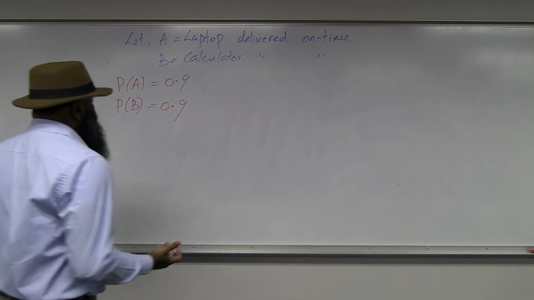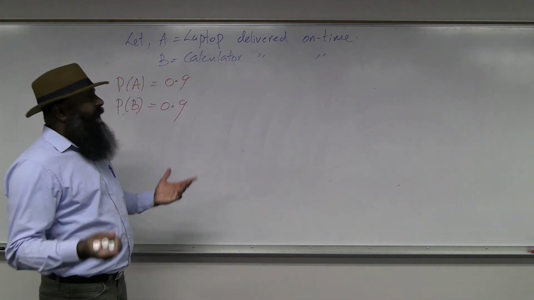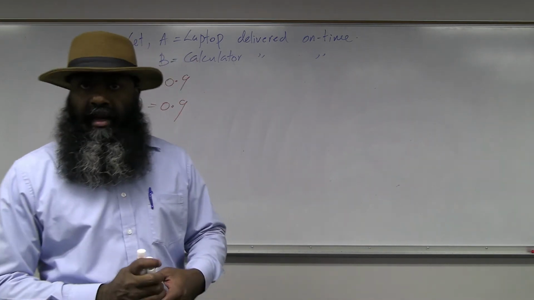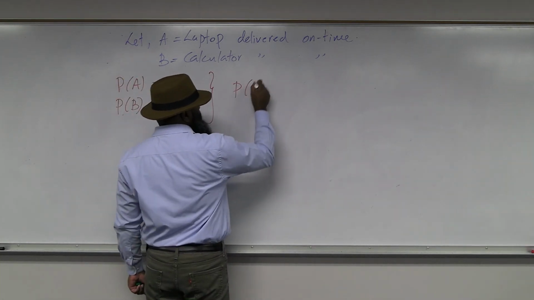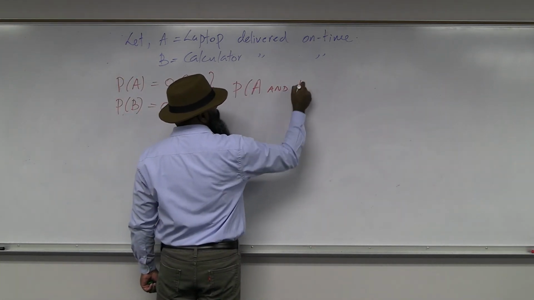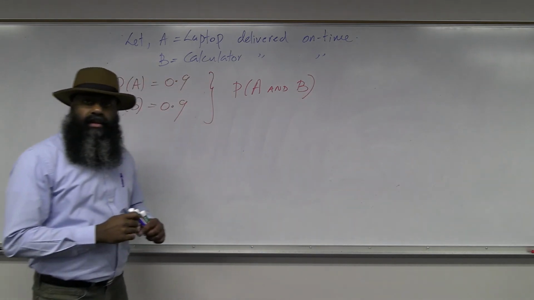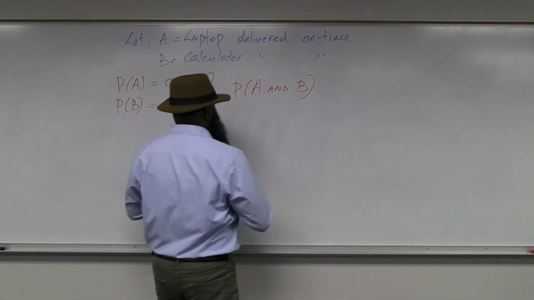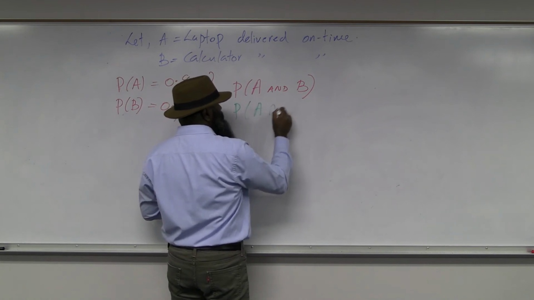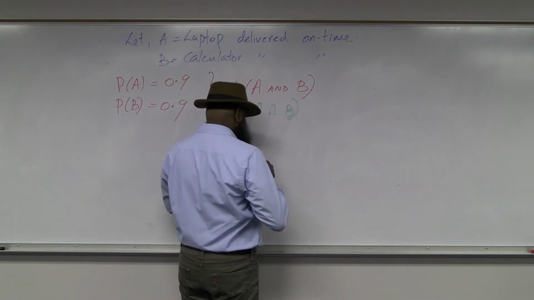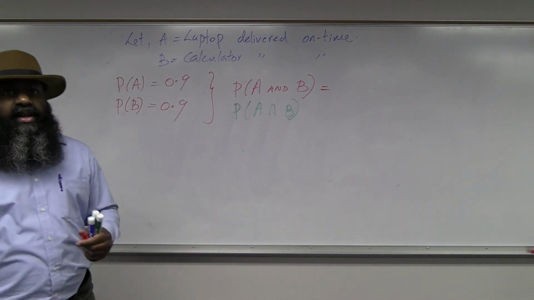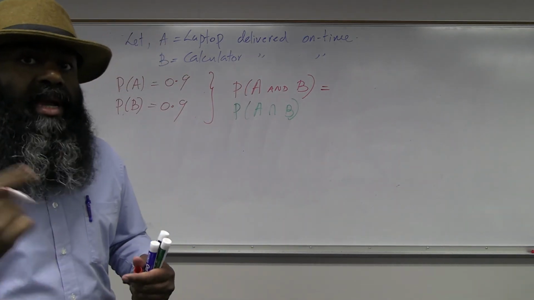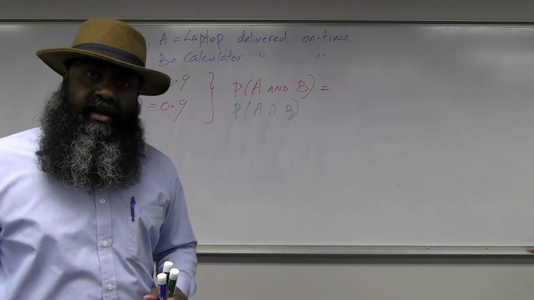Now I need to find the probability that both laptop and calculator will be delivered on time. Okay? That means I need to find the probability of A and B, or in mathematical symbols, the probability of A intersection B. This is what I need. Now that will be equal to probability of A times probability of B, because A and B are independent.